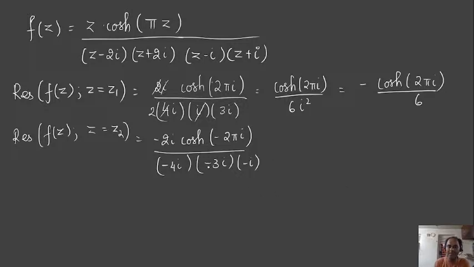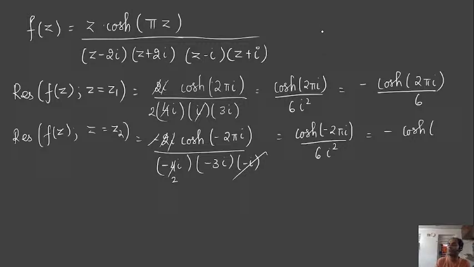So in these answers, minus i and i get cancelled, 2 gets cancelled with this, so here you will have i, so cos h minus 2 pi i, and here minus and minus makes it plus, so 6i square again, and then there is minus cos h.